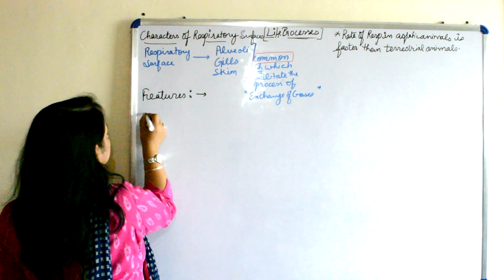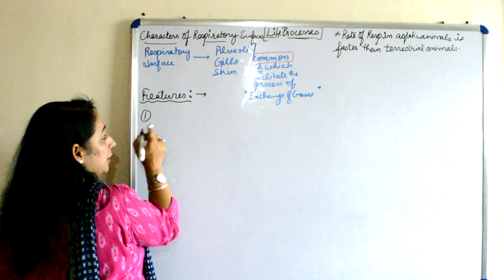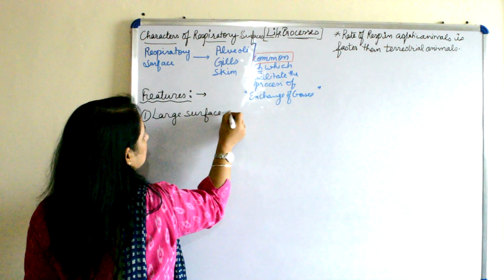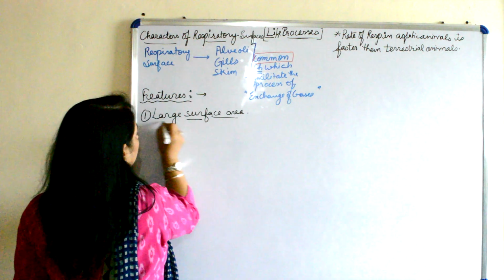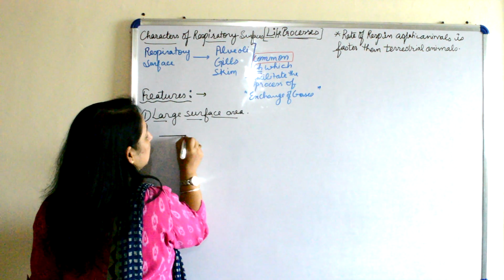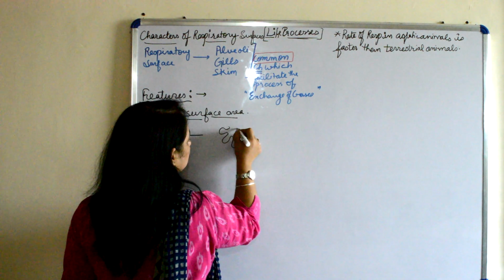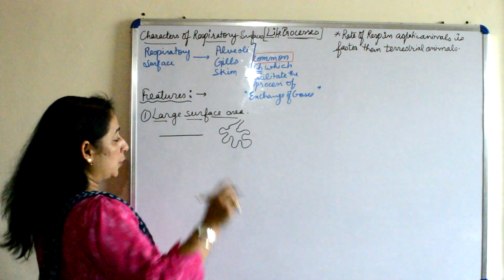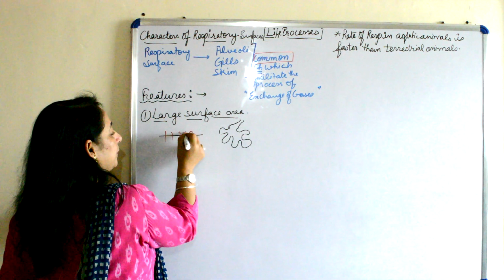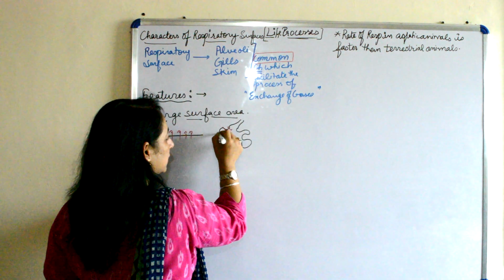There are three main features. The first one is the surface has a large surface area. I'll give you an example. One is this surface and the other surface maybe is this. Here, exchange of gases is taking place through this part only, whereas in this structure it is taking place through this.